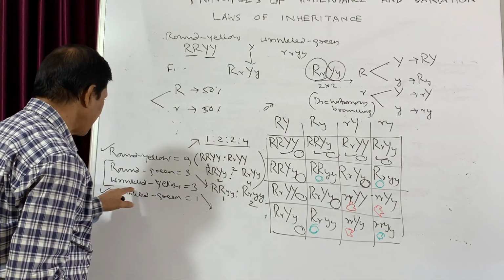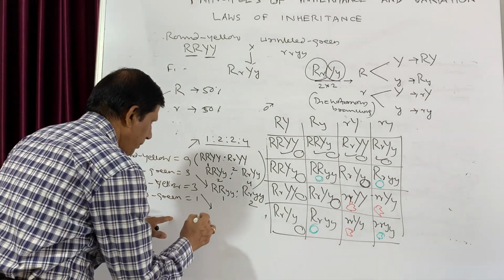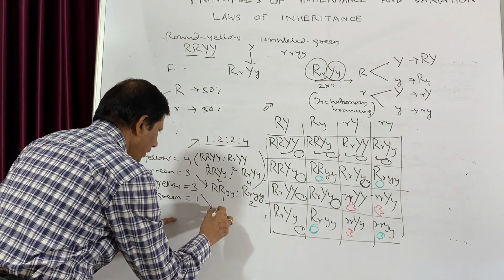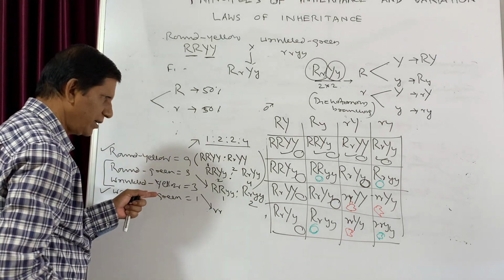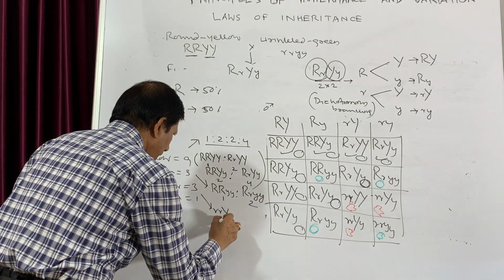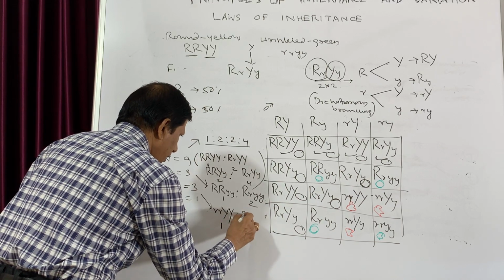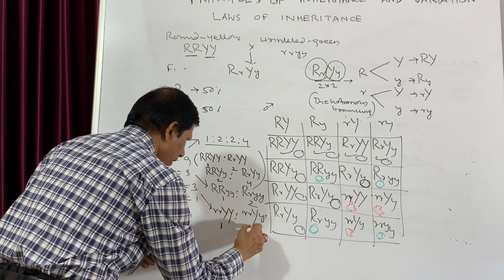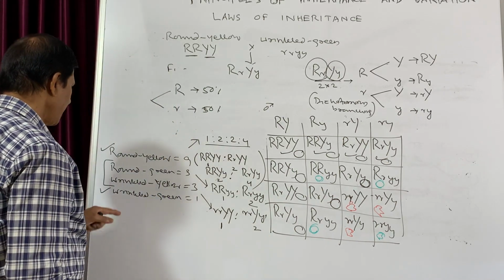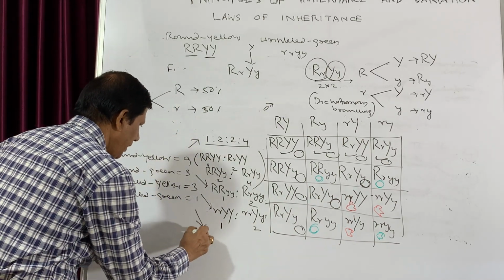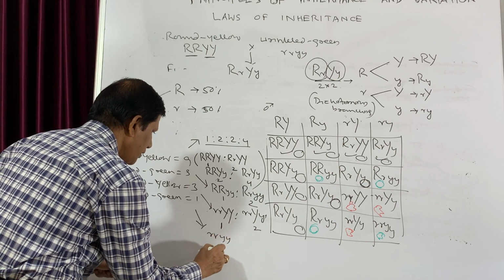Now these 3 will be wrinkle and yellow. So these will be small r, because they are wrinkled. Small r, small r, capital Y, capital Y. This will be 1. And the other is small r, small r, capital Y, small y, 2. Then this one is small r, small y, small y.